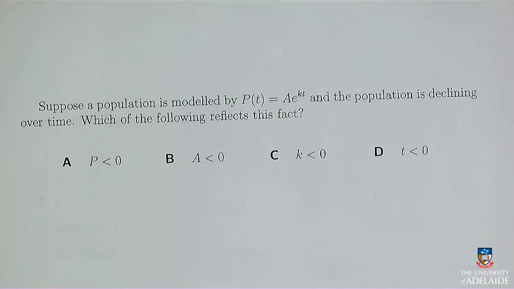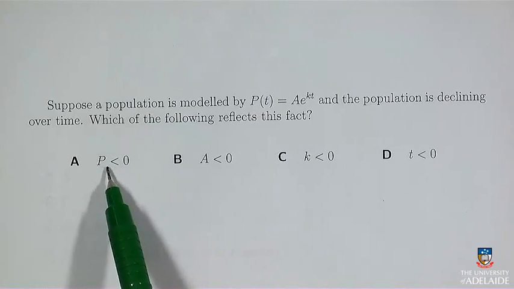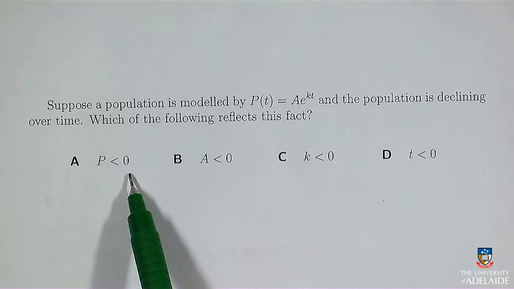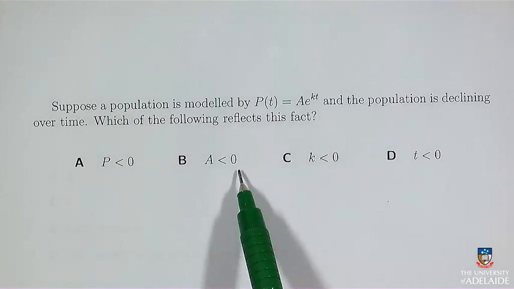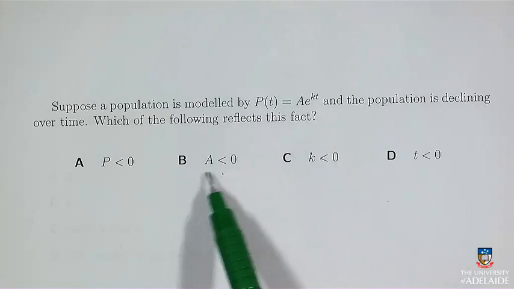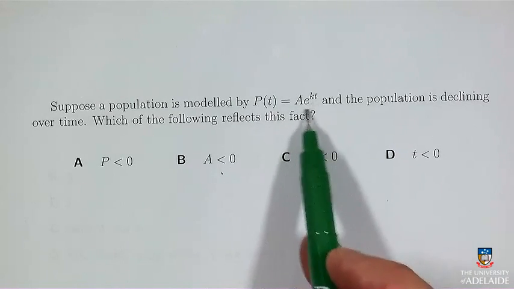Let's have a look. Okay, almost everybody going for C. I don't think I'll give you a chance to talk about that. Let's just check whether that makes sense or not. So this would be saying the population is negative. That's junk, right? The population is positive. It's just going down. This is the number out the front of it, right? So if this is negative, then the whole thing is negative because the exponential is always positive.